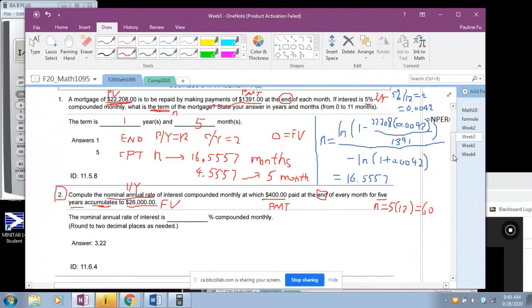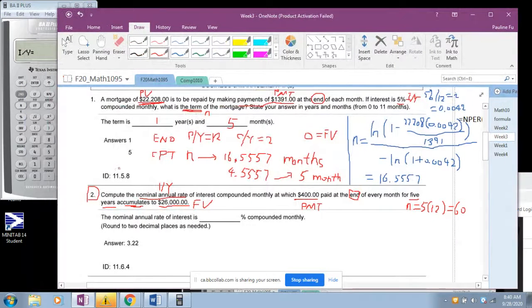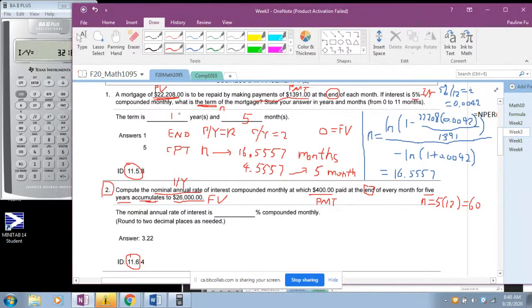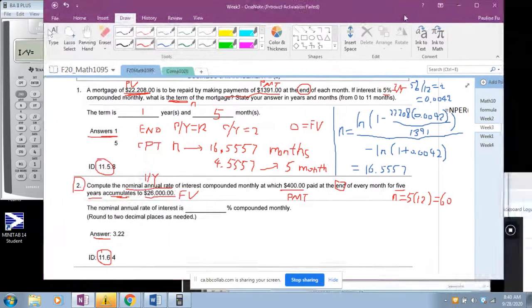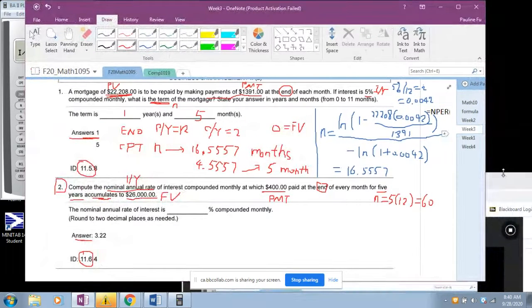This is chapter 11, section 5, calculate term N, the first question. The second question, chapter 11, section 6. The answers I already gave you here. Any questions?